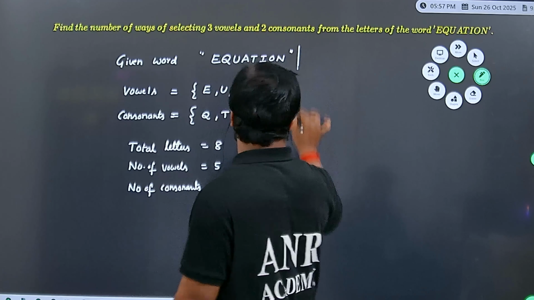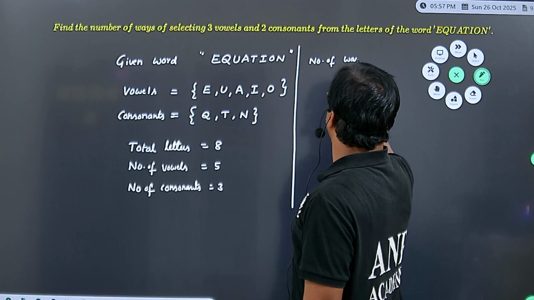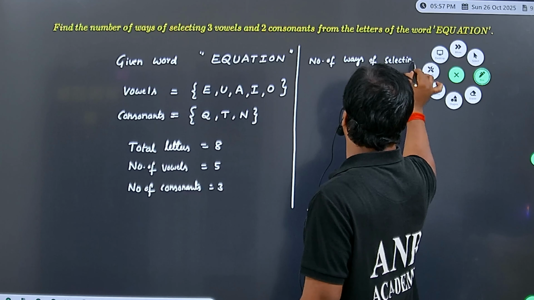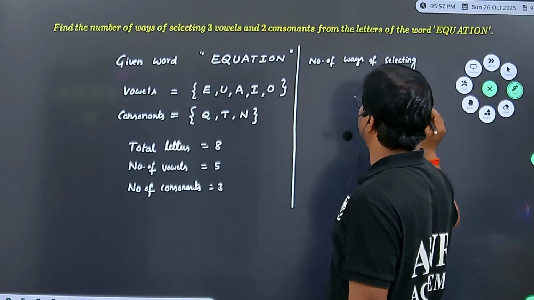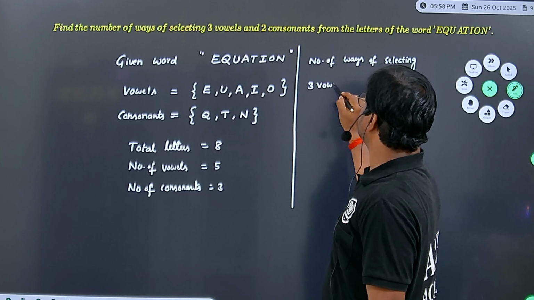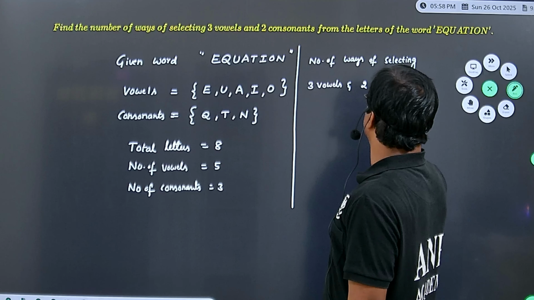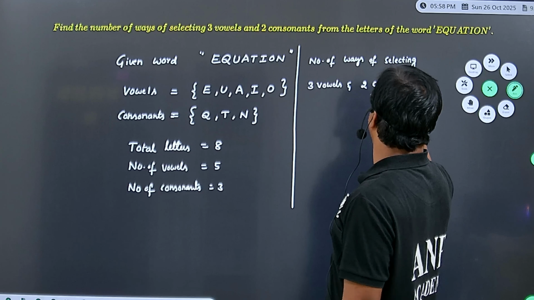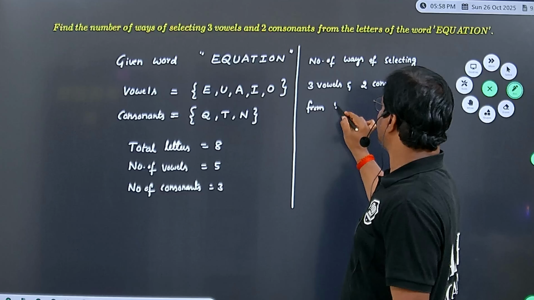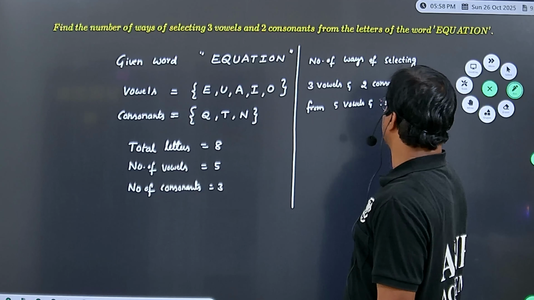Here I am going to write the number of ways of selecting 3 vowels and 2 consonants from 5 vowels and 3 consonants.